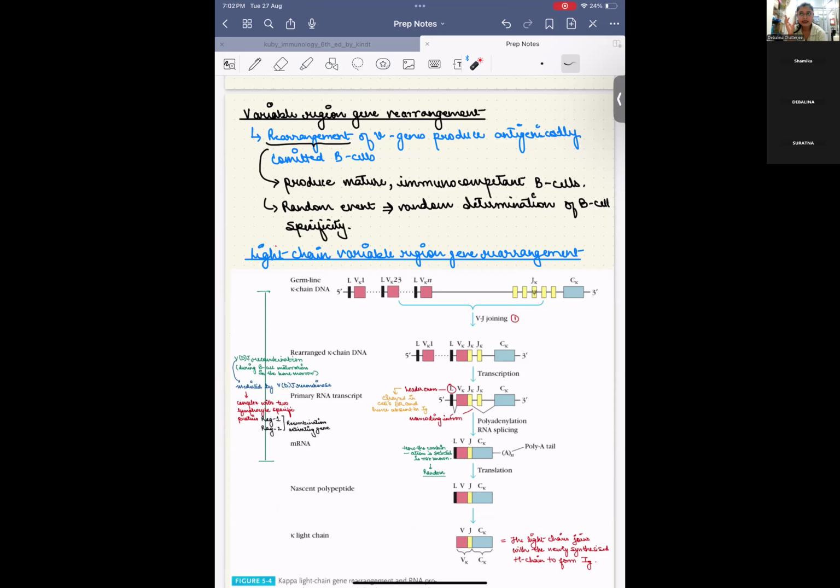So whatever amino acids are present in this variable region determine which antigen can be bound by a particular B cell. So the rearrangement fixes the variable region of your B cell, and that is how it makes a B cell antigenically committed. And in which cell does this rearrangement happen?